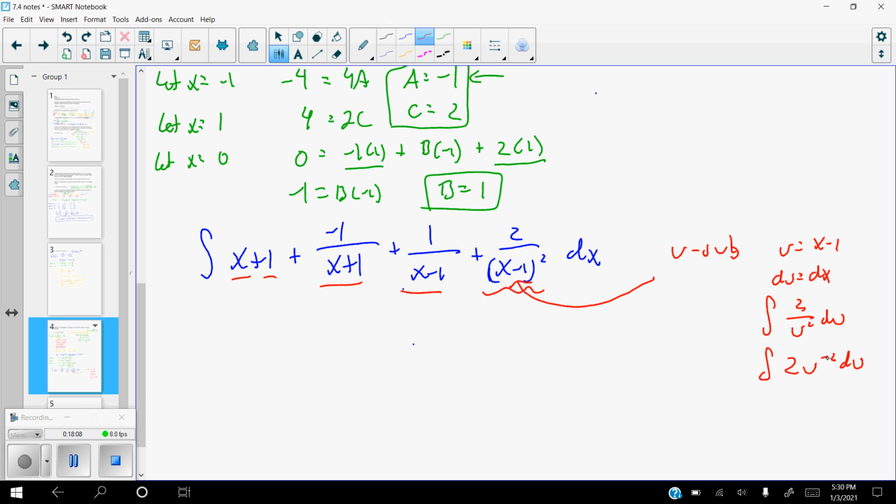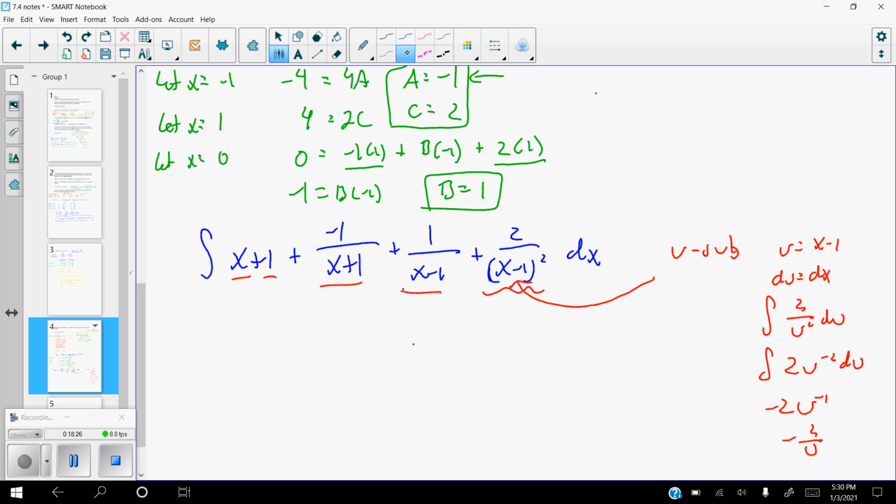So raise the power by 1, we get u to the negative 1. Dividing by negative 1, you get negative 2. So that's the same thing as negative 2 over u. And yes, there would have to be a plus c, but this is just kind of side work because we're going to put the plus c into the actual problem.